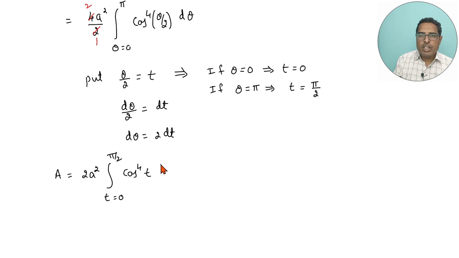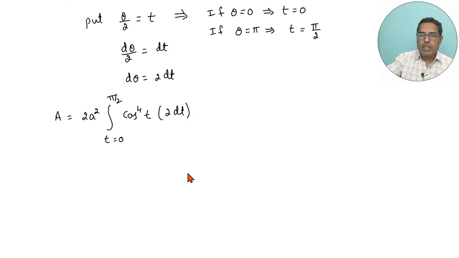D theta is nothing but 2 times dt. However, this 2 is a constant, you can take the 2 outside, 2 times 2 will become 4. So 4a square, integral of t from 0 to pi by 2, cos power 4 t dt.